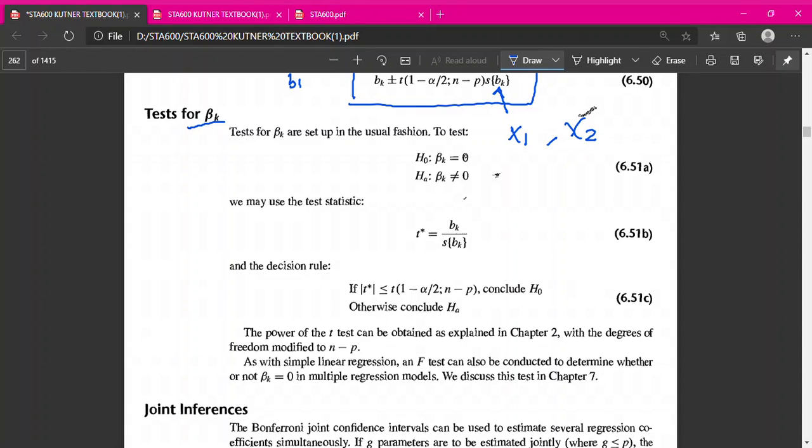Okay, so actually dia punya T ni sebenarnya formula dia adalah BK minus beta k divide dengan standard deviation of BK. So beta k here ni adalah actually this value. So kalau kat sini kita test untuk beta k not equal to 0, so di sini will be 0 lah. Sebab itulah kat sini BK sahaja.